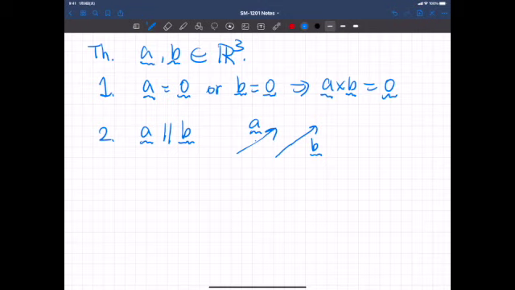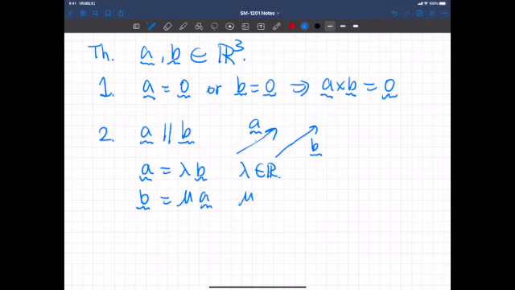In this case, we can write A is proportional to B, A = lambda B, where lambda is a real number, or we can write B = mu A, where this mu is a real number. By the way, this is a Greek letter lambda.